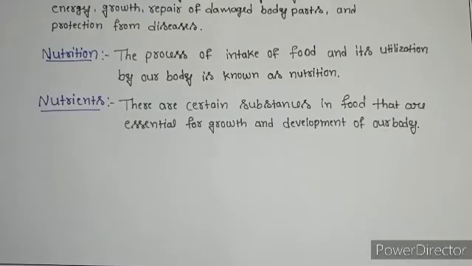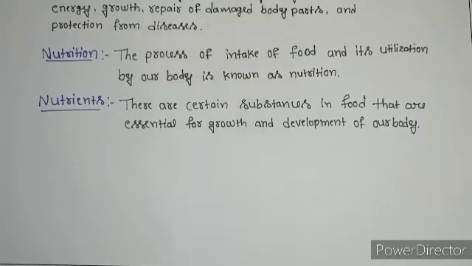Next we are going to know about nutrients. These nutrients are useful substances that our body needs in order to grow and to stay healthy. We get these nutrients through the food we eat.